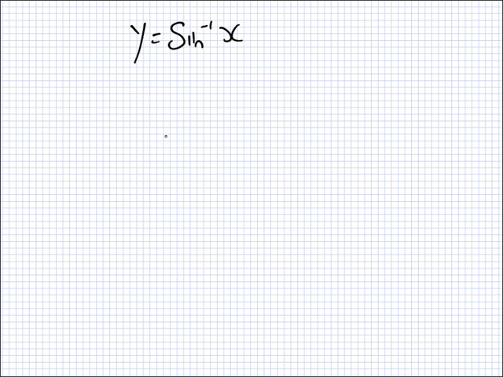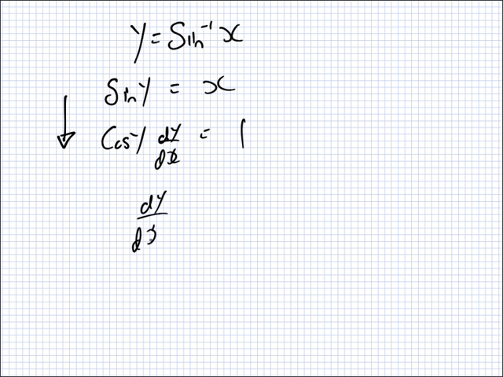So first, I'll change this into sin y equal to x. Is that okay? And what's the derivative now? Cos y dy/dx equals 1. So dy/dx equals 1 over cos y.